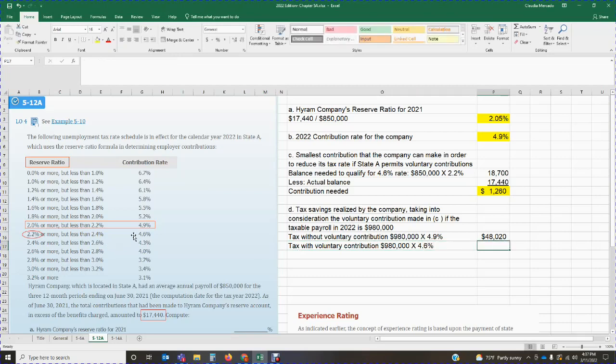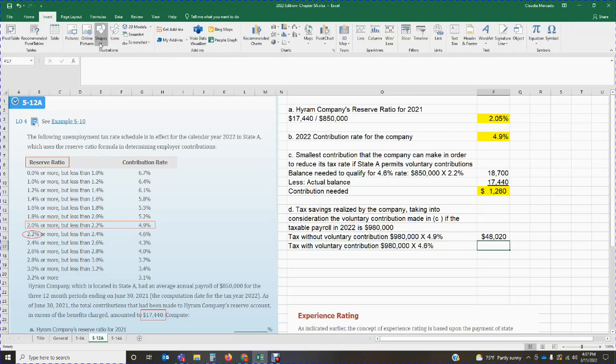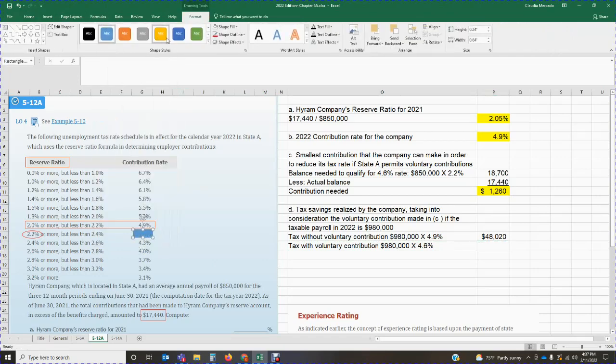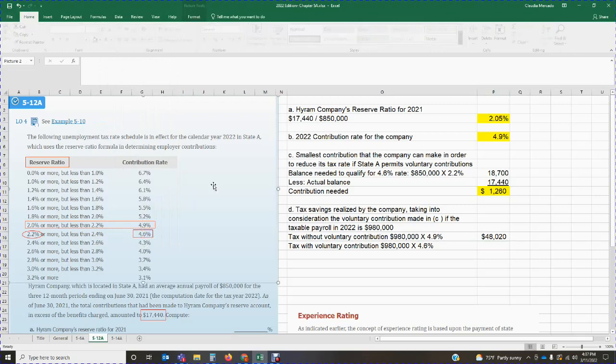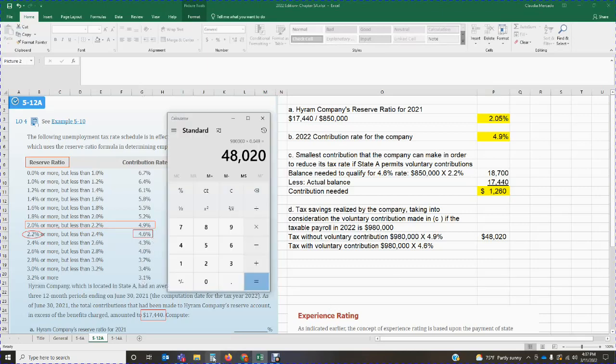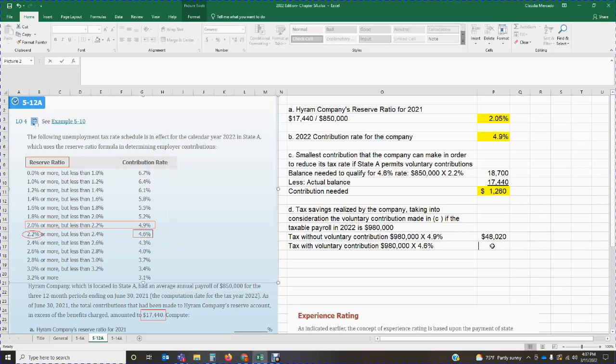We would adjust it down. Right here, we're looking at that 4.6%. So if we do that extra contribution of 1,260, that would bring us down one tier and we would be paying 4.6%. Now let's see what that gives us. So it's 980 times 4.6%. That would give me 45,080.